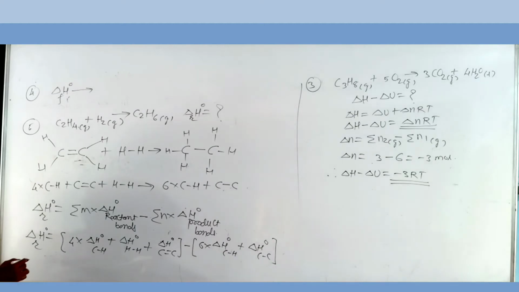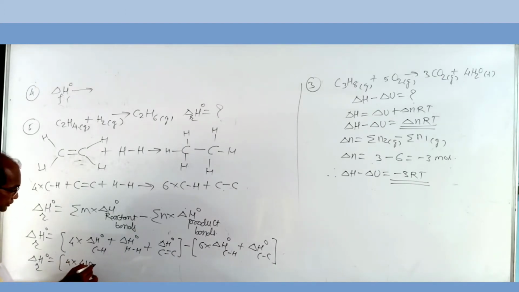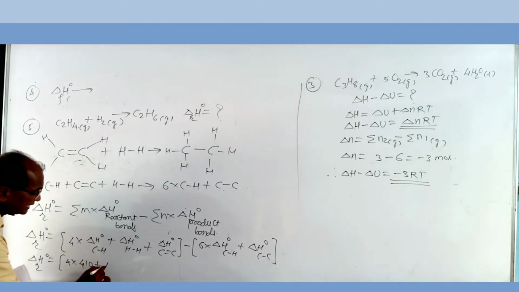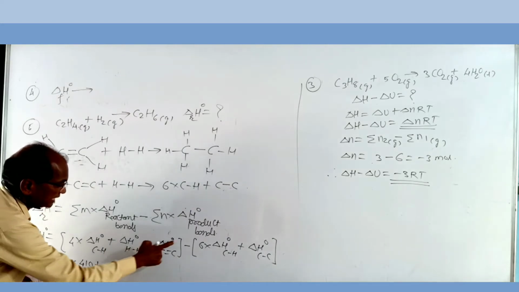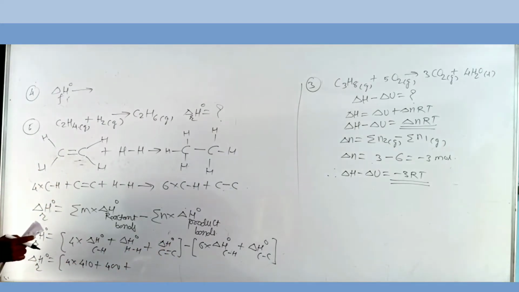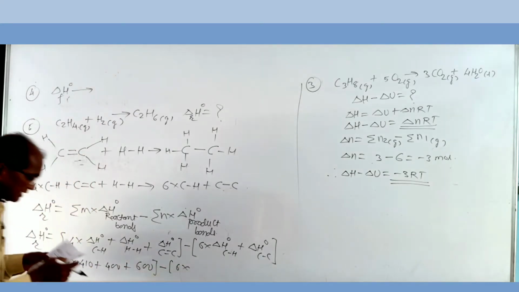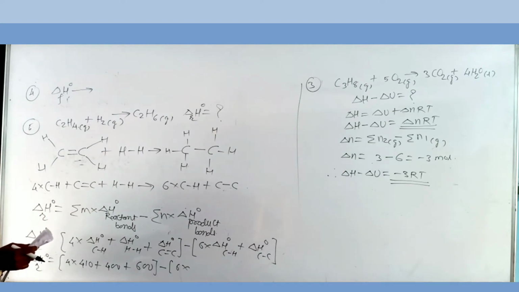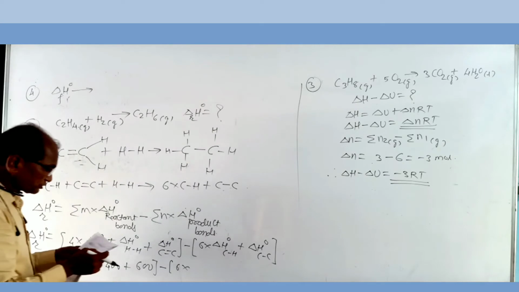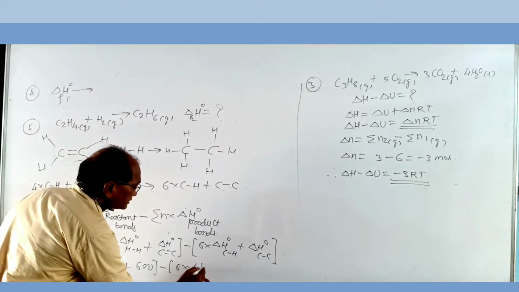Then by putting the values, 4 into C-H bond, which is 410, plus H-H bond, that is 400, plus C double bond C, that is 600, minus 6 into C-H bond, 410.